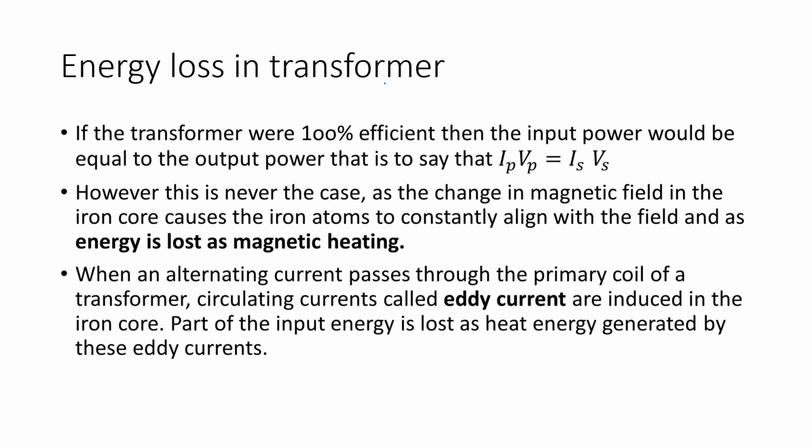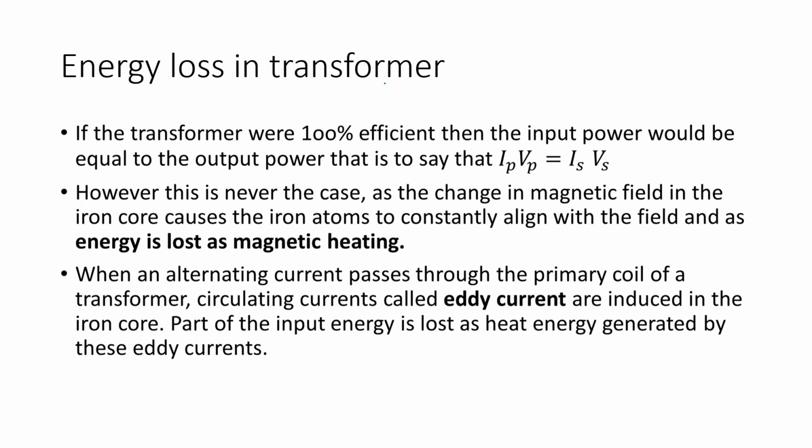Because the atoms in the iron have to constantly align themselves with the magnetic field, and there is a fluctuation in the magnetic flux from time to time, that constant movement back and forth creates magnetic heating, and so energy is lost as heat.